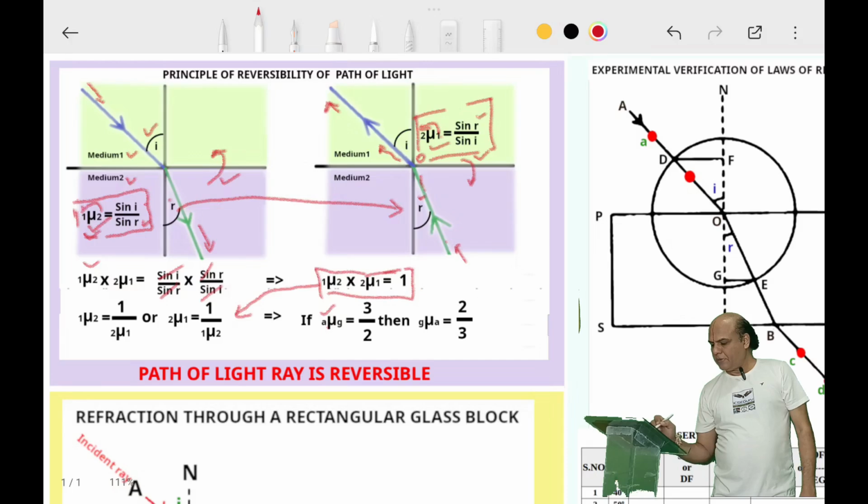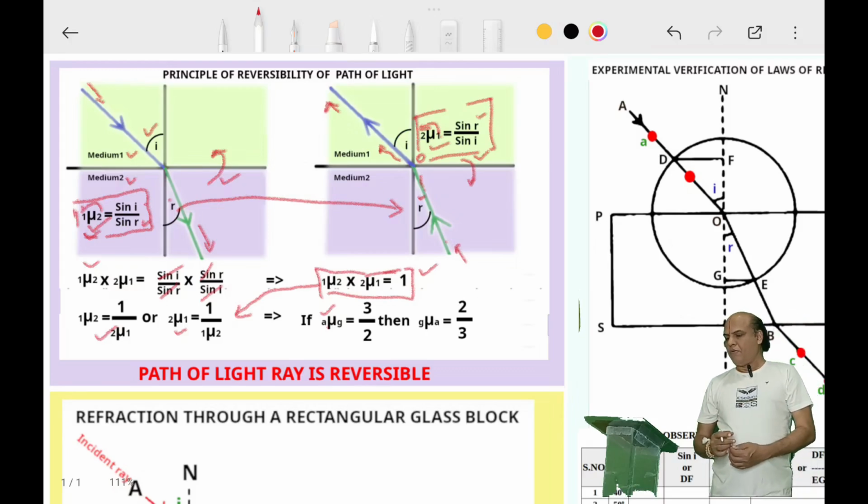Then from these rules, we can easily derive that the refractive index of air with respect to glass would be 2 by 3. It is the inverse of this, because one refractive index is the inverse of the other. So if the glass refractive index is 3 by 2, then air's refractive index would be 2 by 3. Clear?